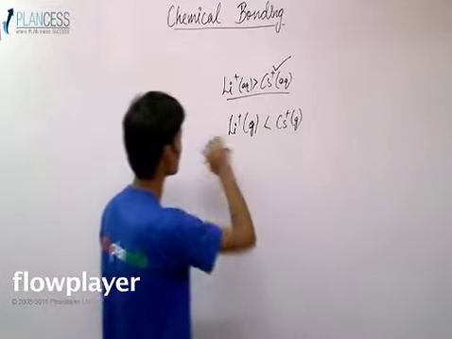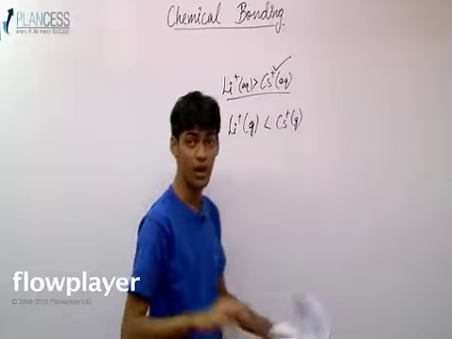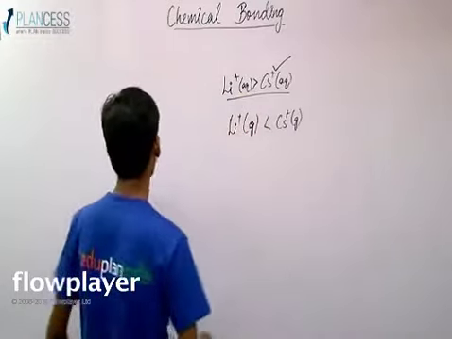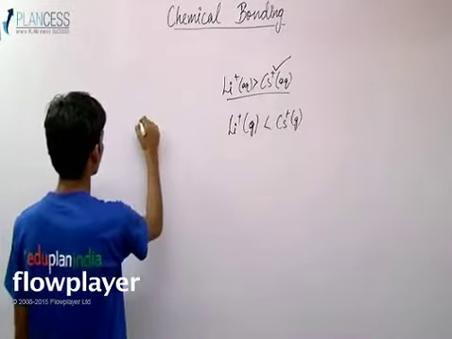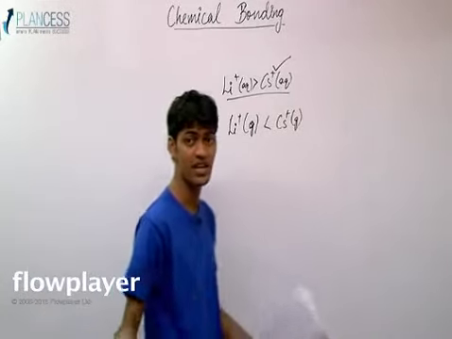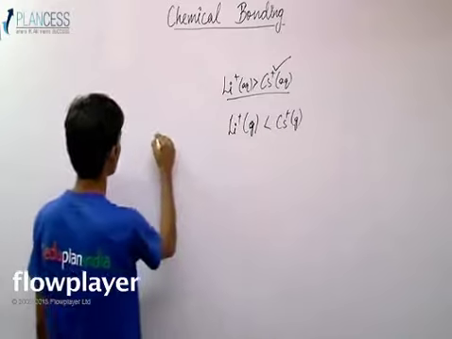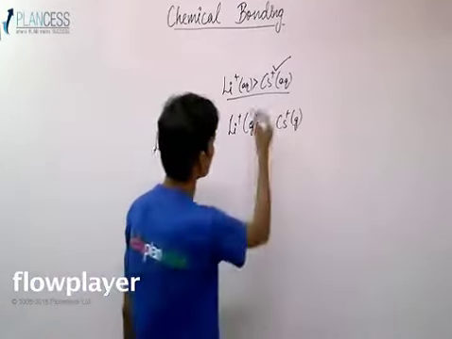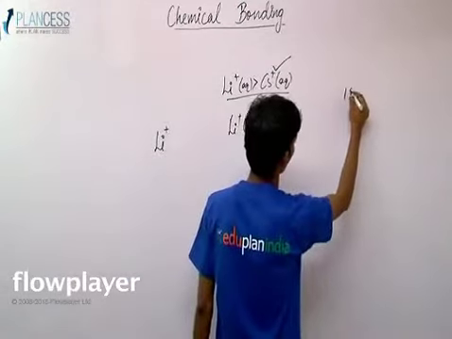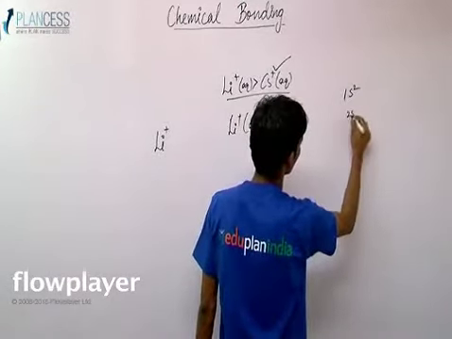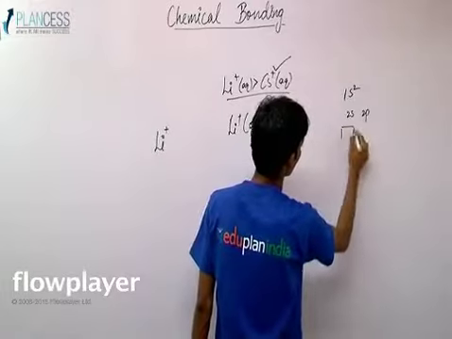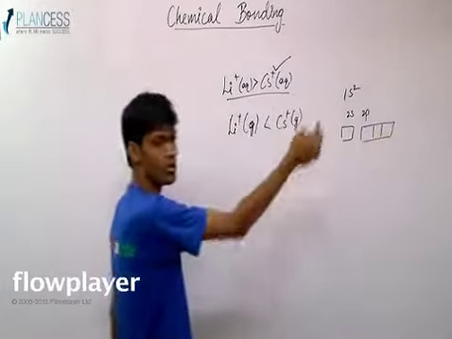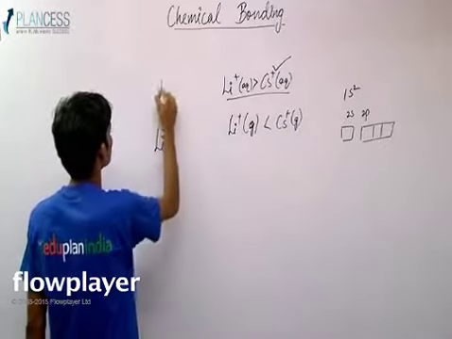The structure of Li+ in the aqueous form is very peculiar. There is a primary layer and a secondary layer. In the primary layer, Li+ has an electronic configuration of 1s2, so it has the 2s and 2p orbitals vacant, so it has 4 vacant orbitals.